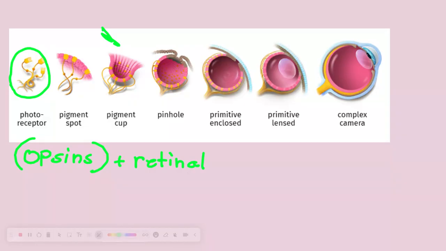And those who had these opsins and retinol, they could detect shadows. Well, what they're detecting is a certain change of light. So when light hits these molecules, something like photosynthesis today with plants, right? When light hits these molecules and energy is made, like a solar panel, it's signaling the cell that there's some kind of change happening.